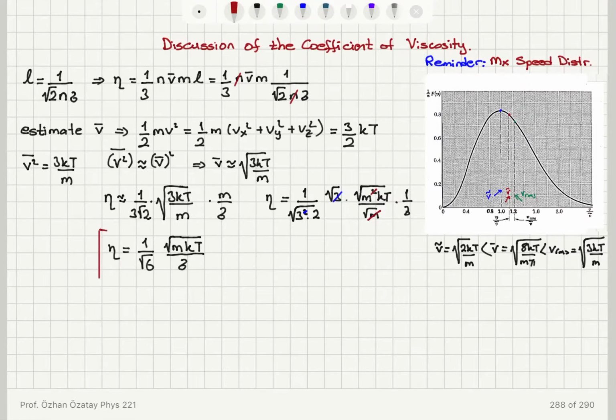So using this estimation for the mean speed per molecule and the mean free path, we obtain eta equal to 1 over square root 6 times square root mkT over sigma.